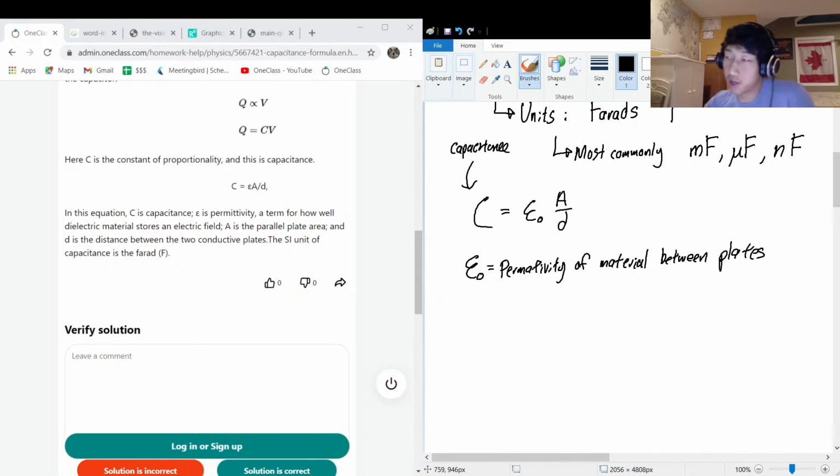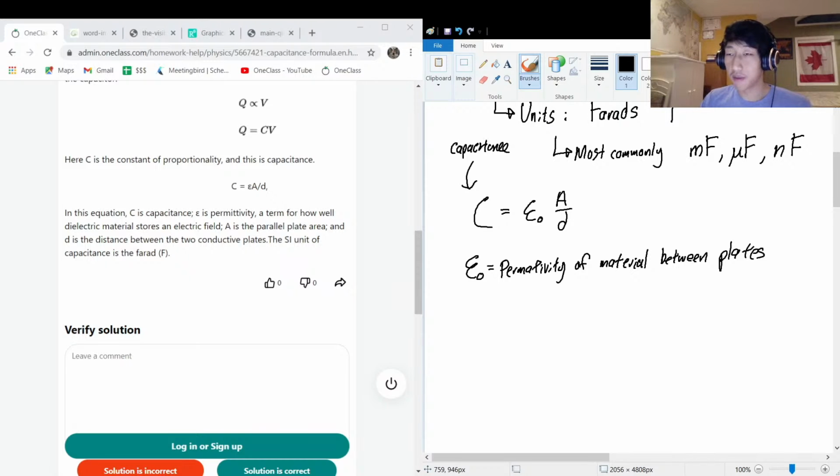This should generally be given to you by the question. For example, sometimes you might just have air between your parallel plates, and that would have a certain epsilon naught value.